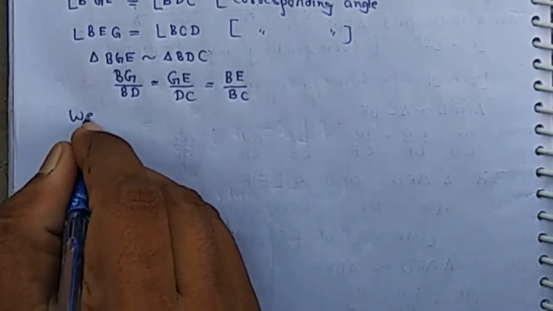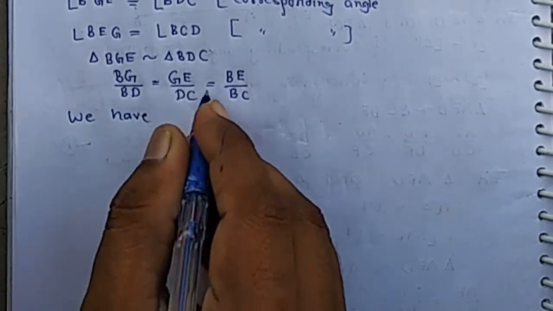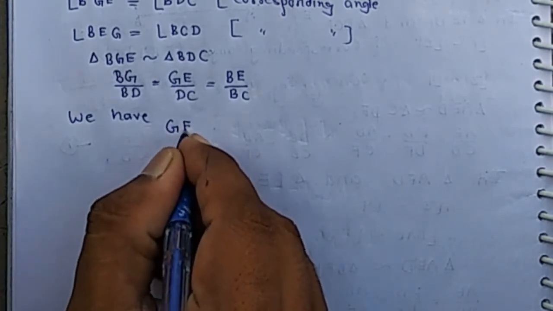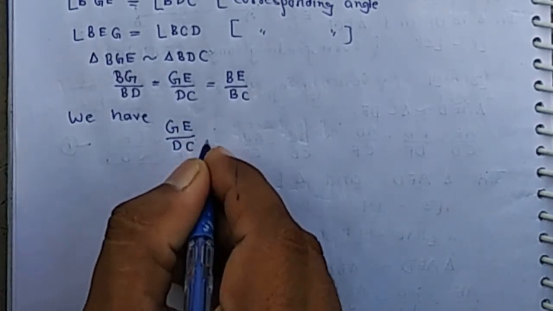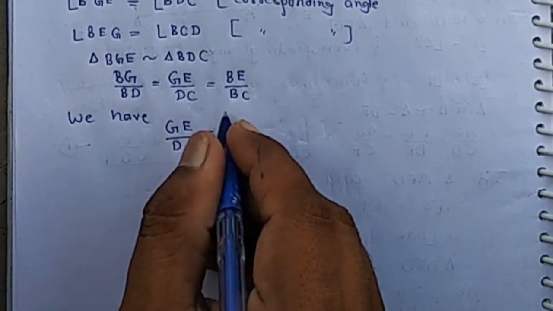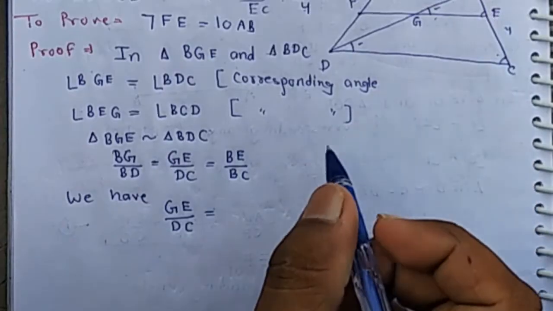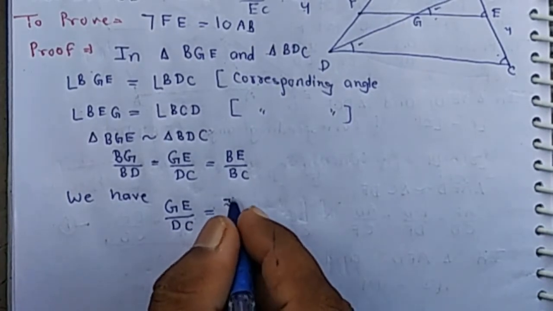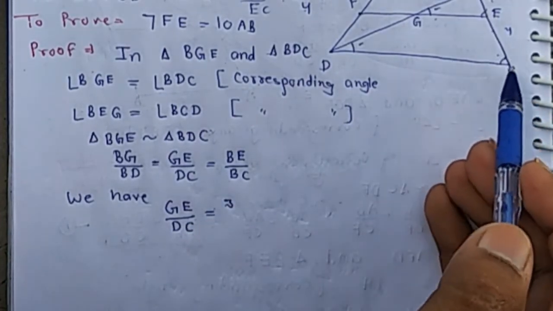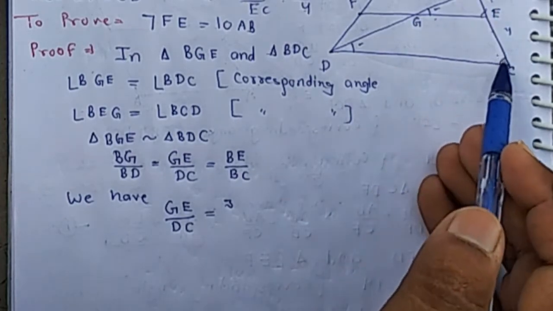We have BE is 3 and EC is 4, which means BE by EC is 3/4.